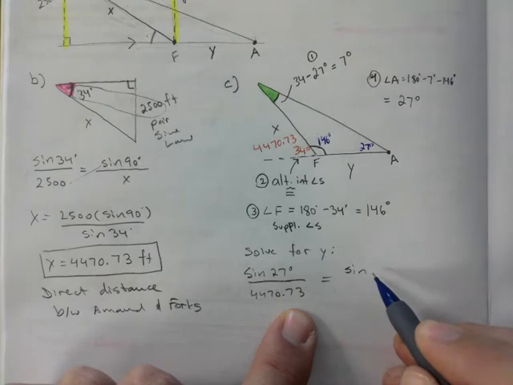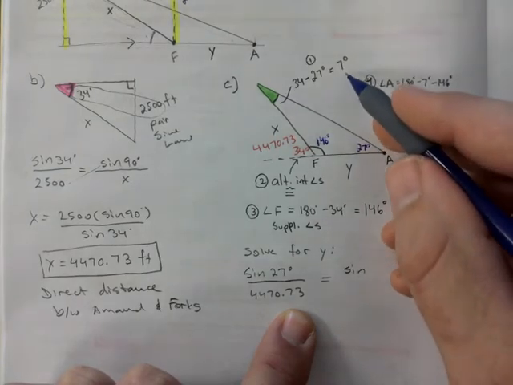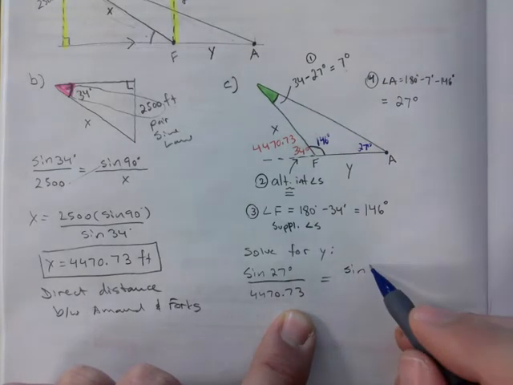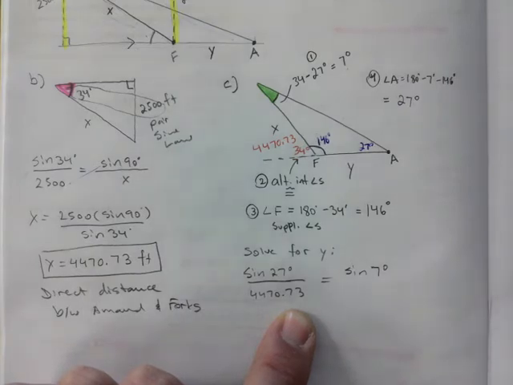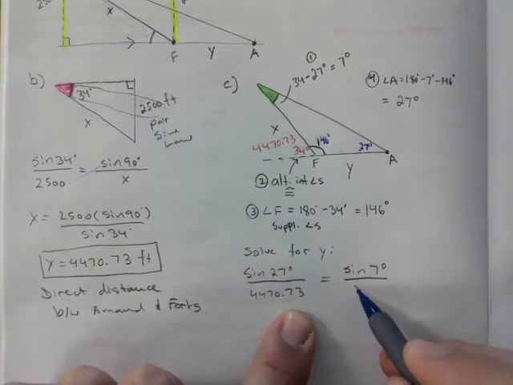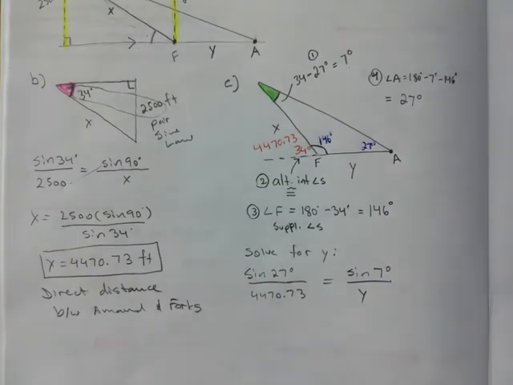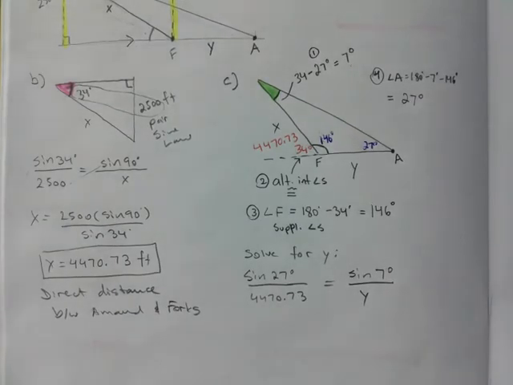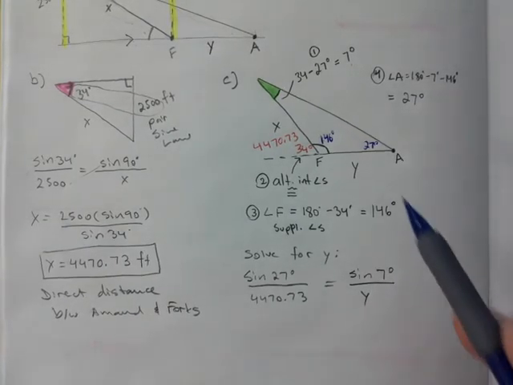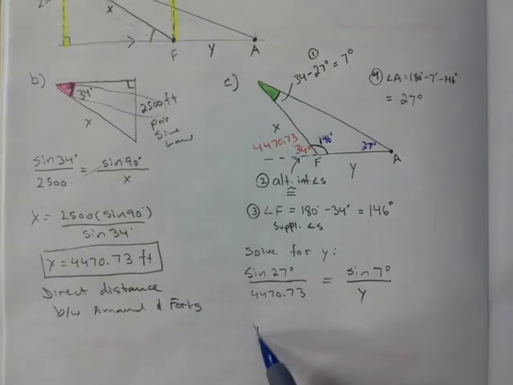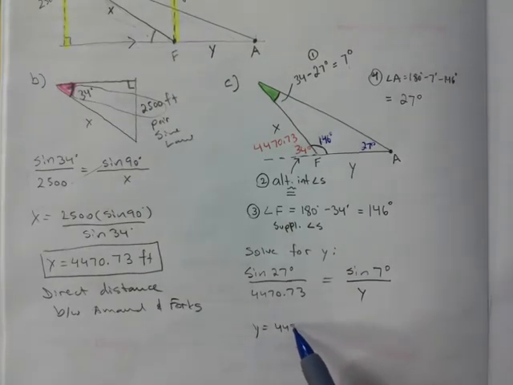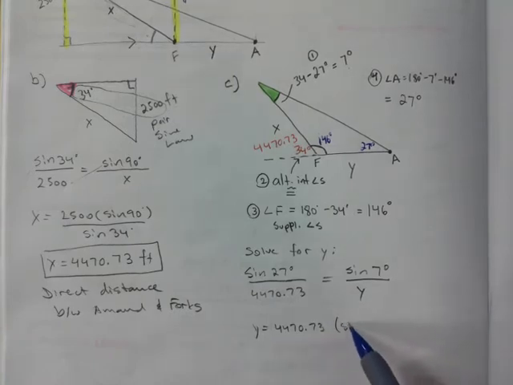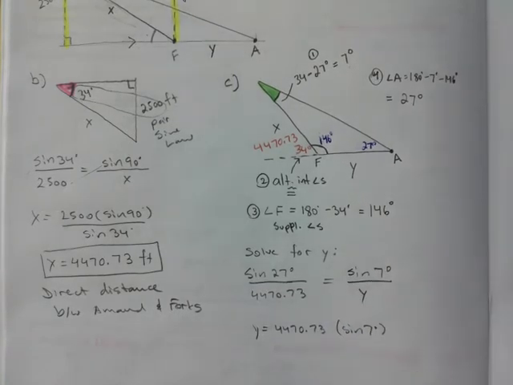They want us to find y, so I need to use this 7 degree angle up here. So I do that, and I expect the distance to be smaller, right? Because it's a very small angle, so I expect it to be smaller. 4470.73 times sine of 7 degrees.